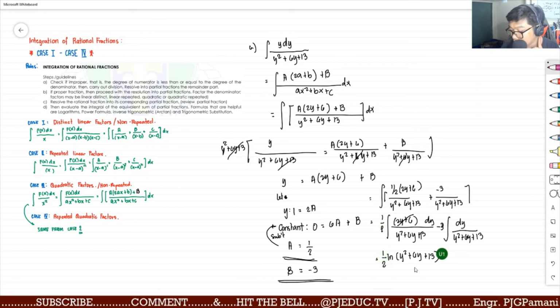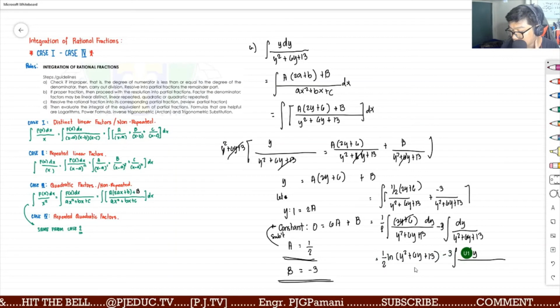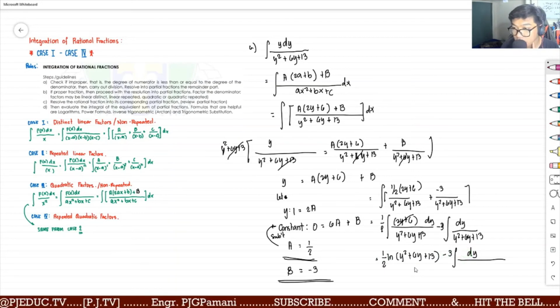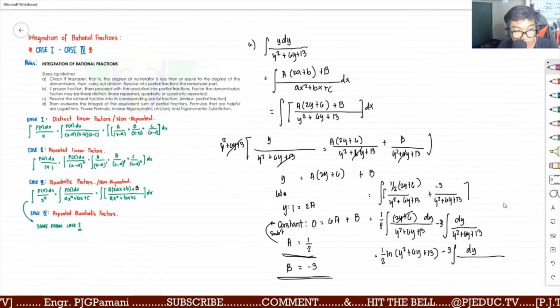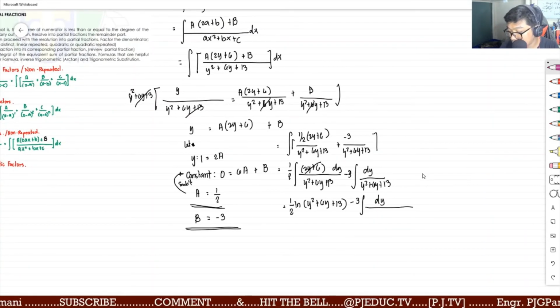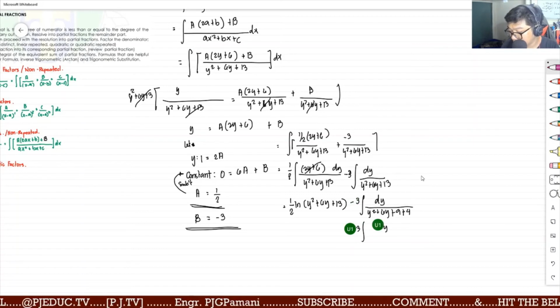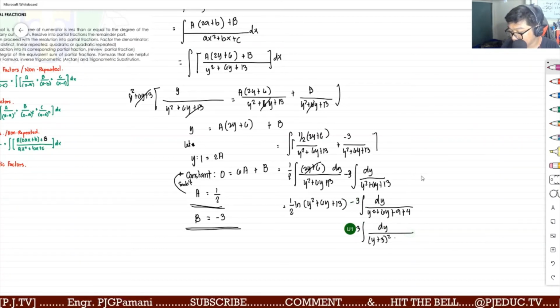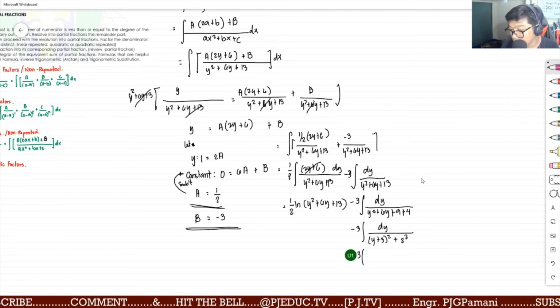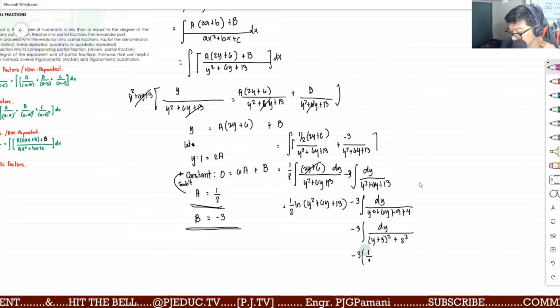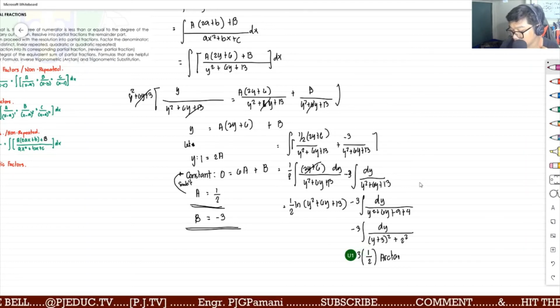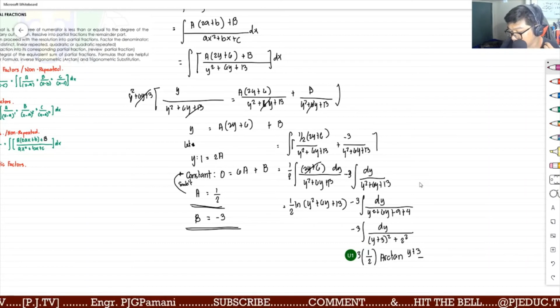How about this one? Itong isa. Negative 3 integral of dy. Yan din lang yung kanina. Complete the square. Simplify lang natin yan. That is y squared plus 6y plus 9 plus 4. Or basically, that is y plus 3 squared plus 2 squared. Or that is your arctan, 1 over a, which is 2, arctan u over a.